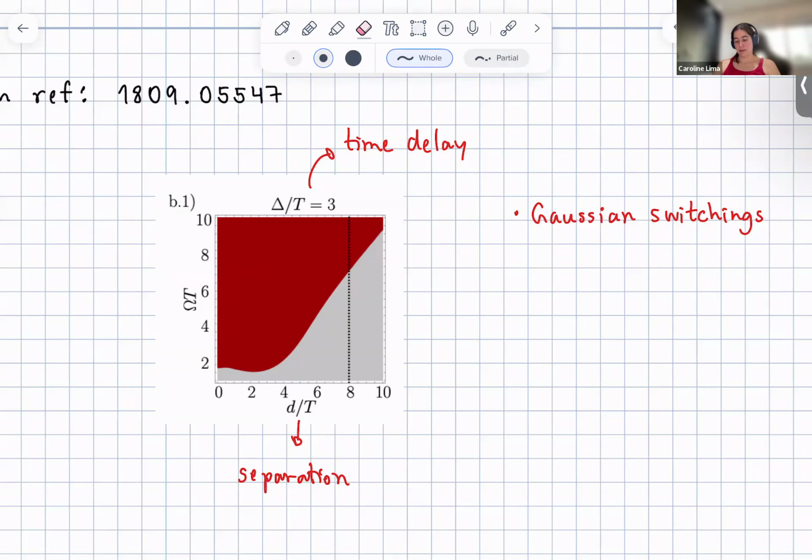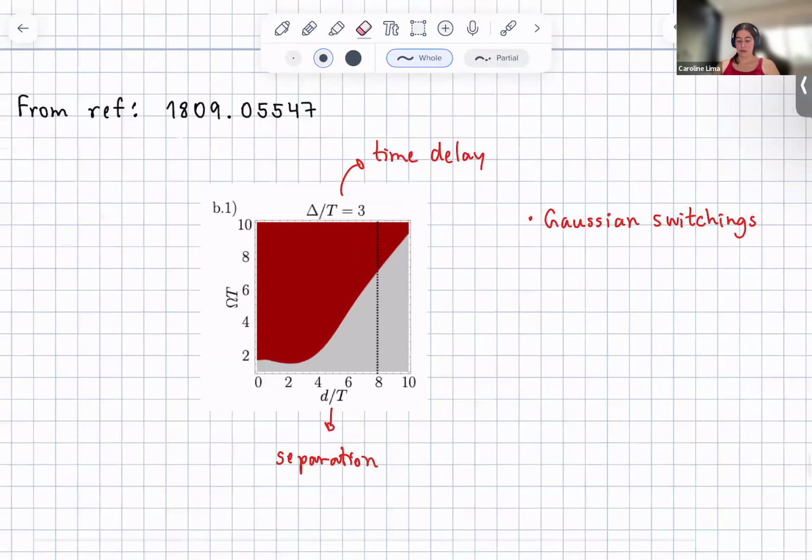I'd also highly recommend that you have a look into this reference. In general, they also discuss other cases. I found it easier to just focus on the point-like detectors, but they consider Gaussian switching and Gaussian spatial smearing as well. Then there is the case that I showed to you, which is Gaussian switching and point-like detectors.